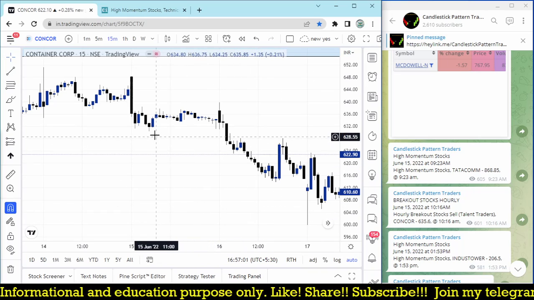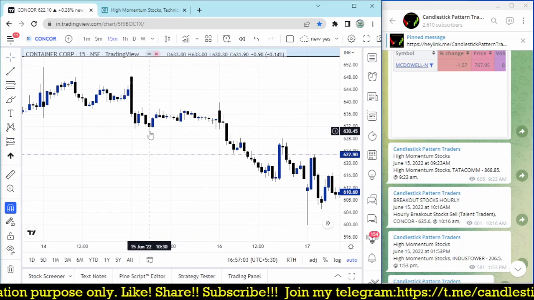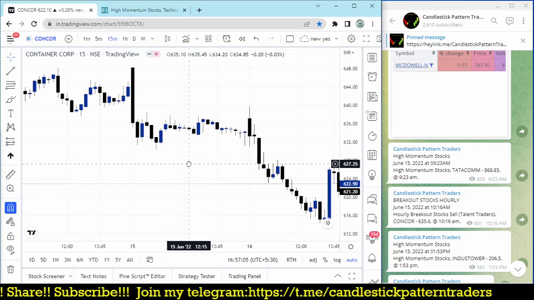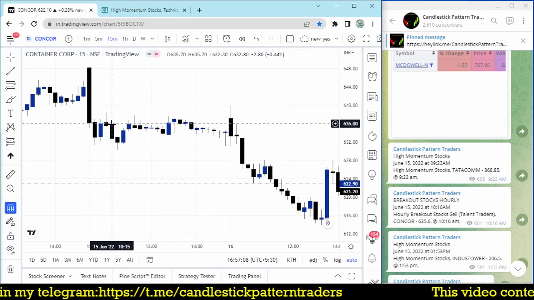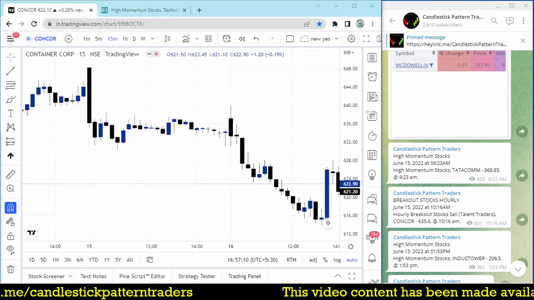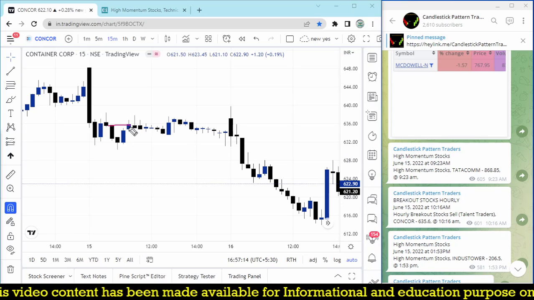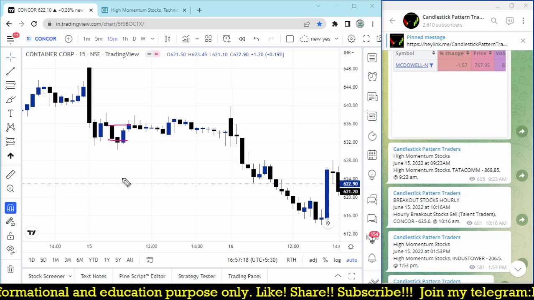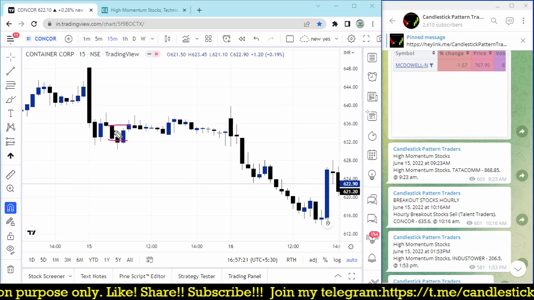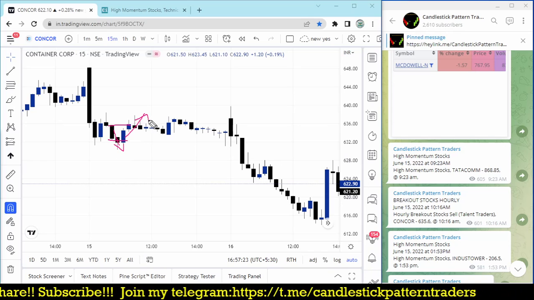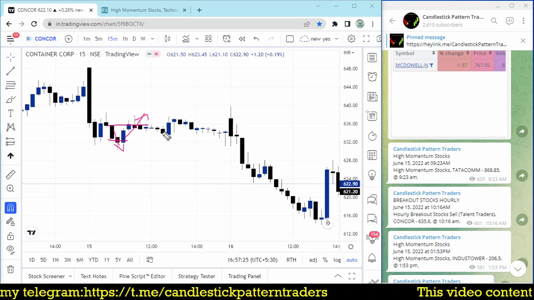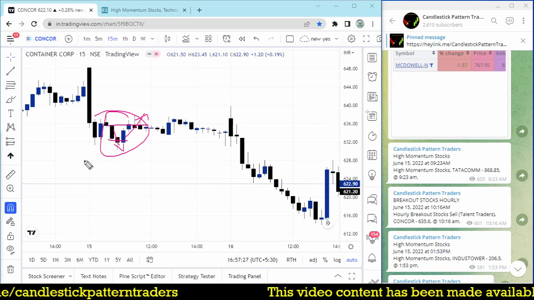That means this 10:15 candle is where we got a trade opportunity. If the low is broken, I will use the first 15-minute high and low as my stop loss and target entry. If the low is broken, I can take an entry. If the high is broken, I can exit the trade. So simply this is a stop loss kind of trade.